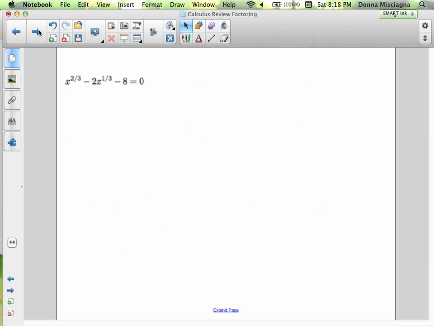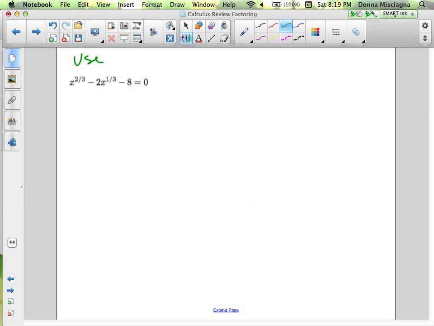All right, but here we might have some that we have to check. We'll see. Now, this is another one that we can use substitution with. Let w equal x to the 1/3.